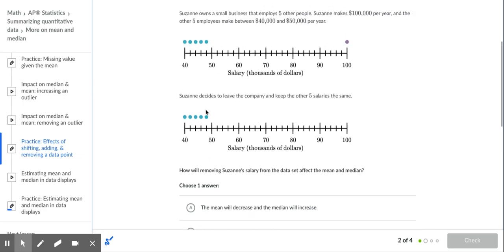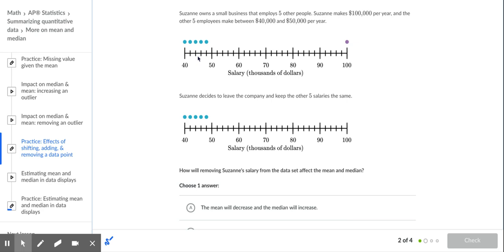Well, we don't know where the mean was originally. If we say that each of these represents 2,000, we could actually figure it out. So just as a thought experiment, let's go ahead and actually put numbers to this mean because we're given enough information to do that.